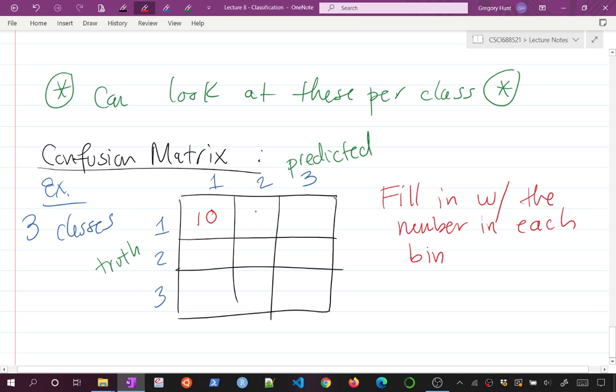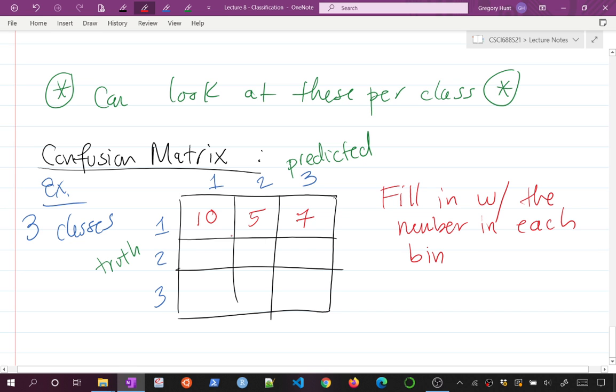Of the things truly in class 1, I predict 5 of them in class 2, so not good, and maybe I predict 7 of them being class 3. So overall, I had 22 things that were truly in class 1. I predicted 10 of them correctly, 5 of them being class 2, and 3 of them in class 7.